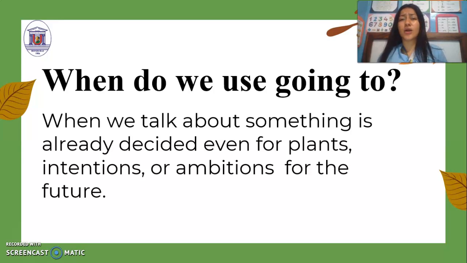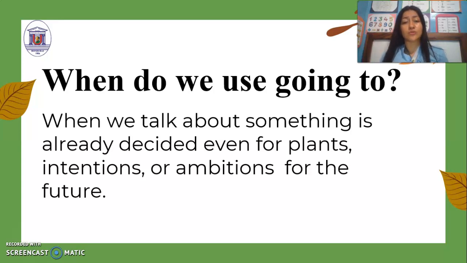When do we use going to? You are going to use going to when you talk about something that is already decided, something that you decided you are going to do. A plan.